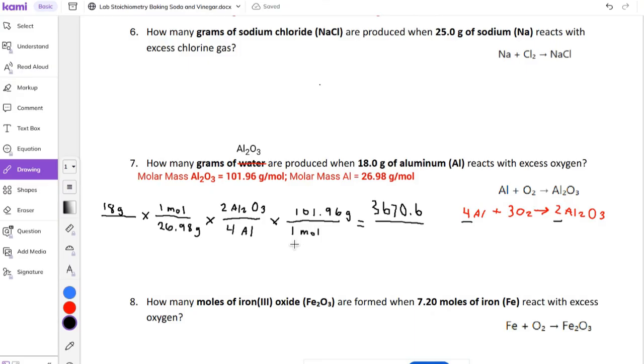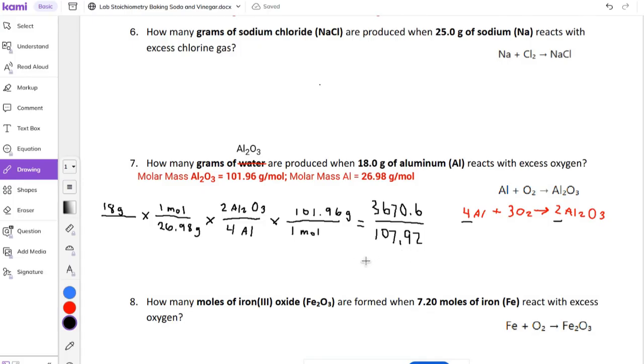26.98 times 4 equals, I get 107.92. All right, so then I do this math right here in my calculator. 3,670.6 divided by 107.92.